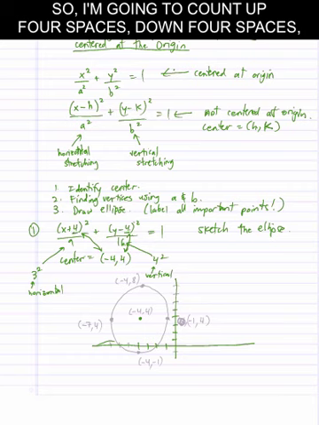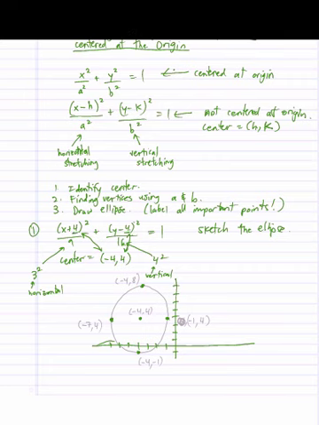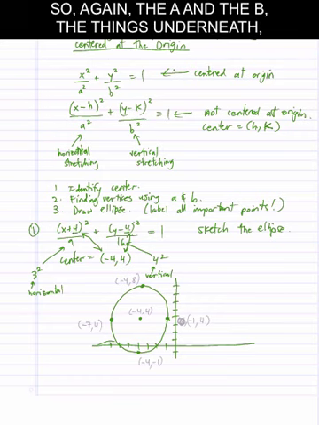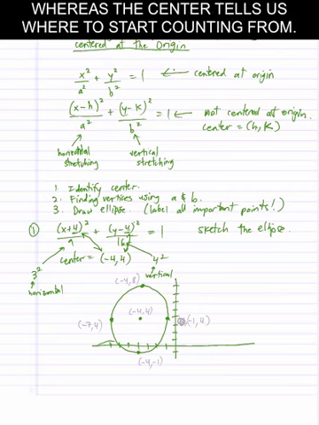So I'm going to count up 4 spaces, down 4 spaces, right 3 spaces, left 3 spaces. We end up getting this ellipse right here. So again, the a and the b, the things underneath, tell us which way to stretch and how much to stretch, whereas the center tells us where to start counting from.